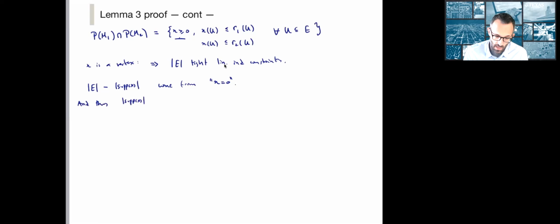So in other words, E minus cardinality of the support of x, this is just how many components of x are equal to 0, this many come from this set of constraints, and therefore this many have to come from the other constraints.